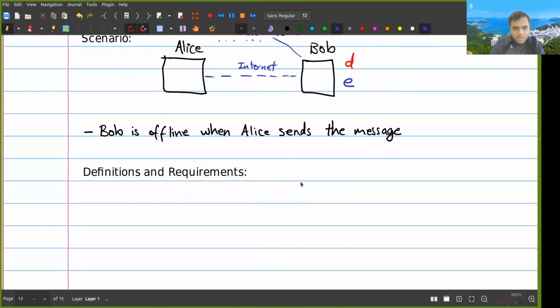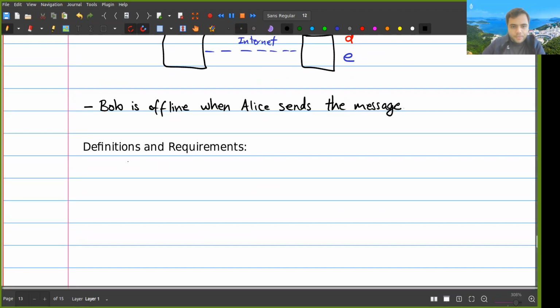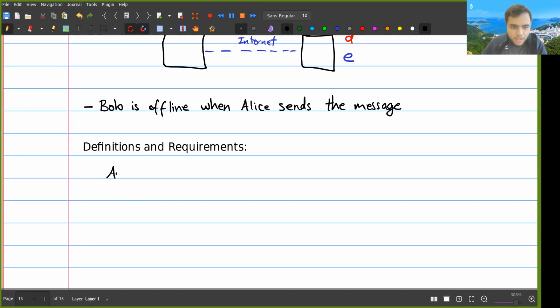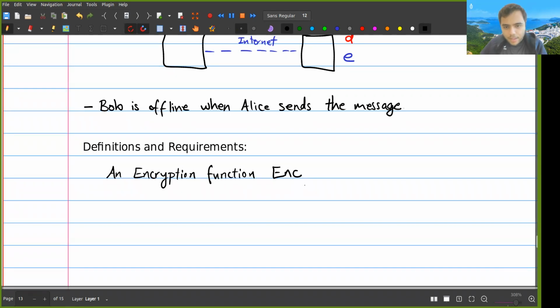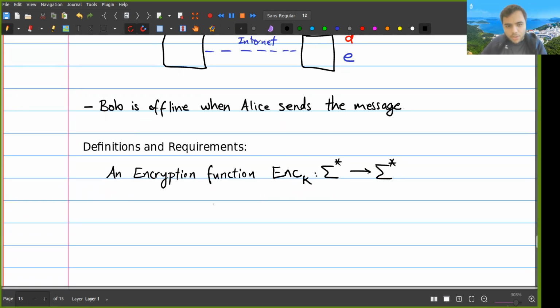So let me actually formalize the requirements that we have here. So we want to have, just as before, an encryption function. Again, we call it encryption, that gets a key and encrypts a message. So it gets a message, and gives us the encrypted version.